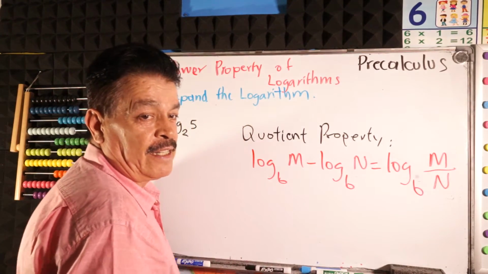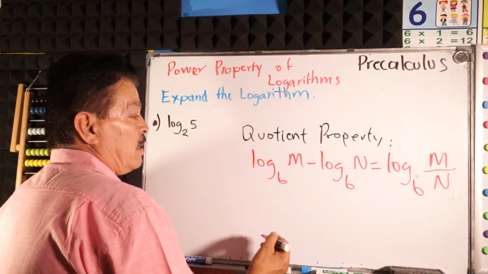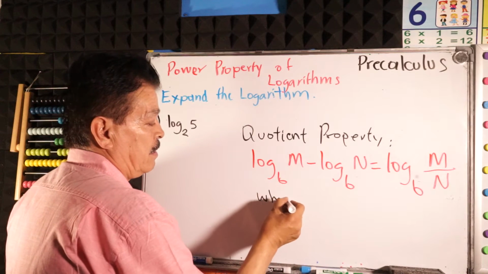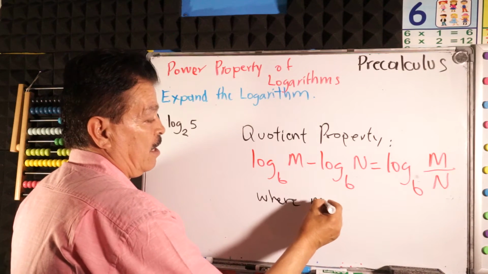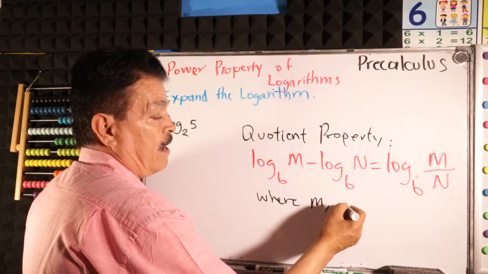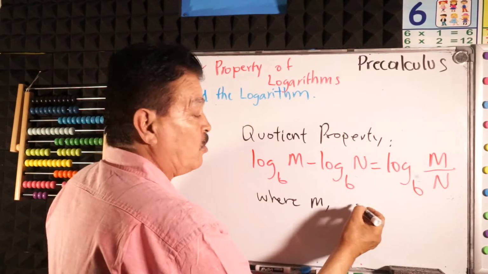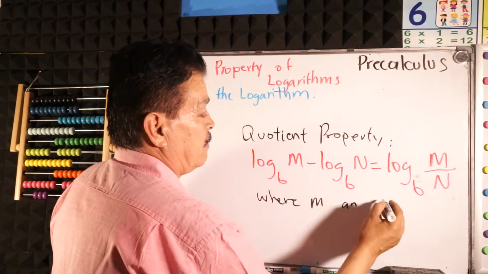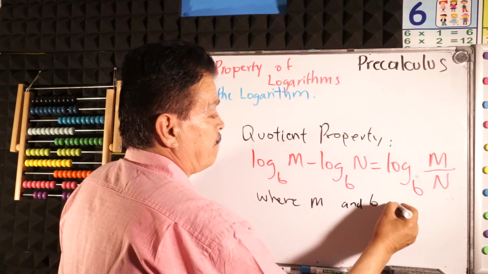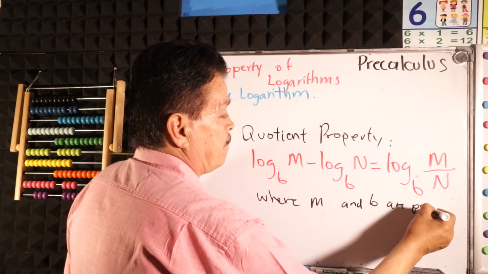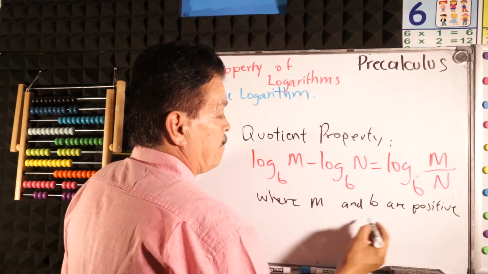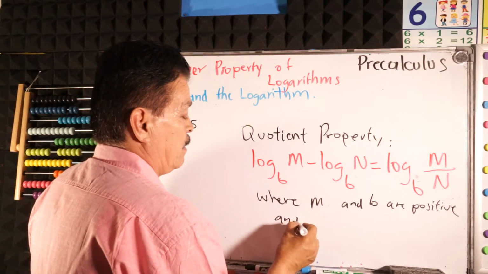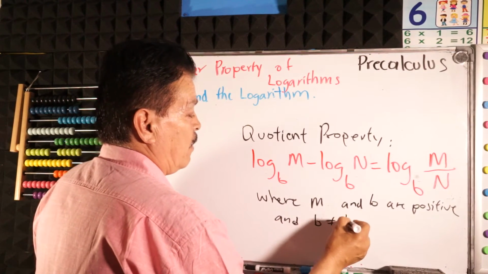Here m and n and b are positive, and b is different from 1.